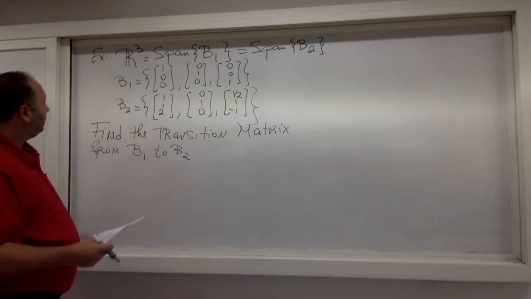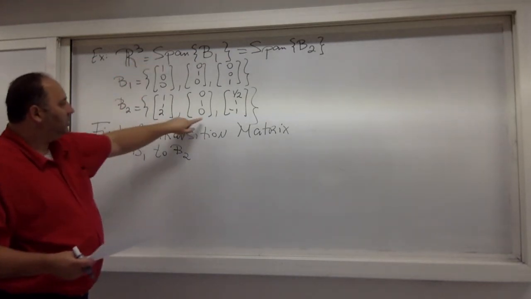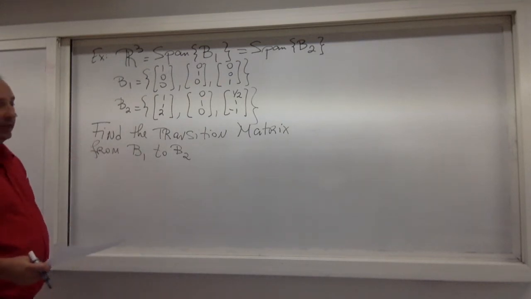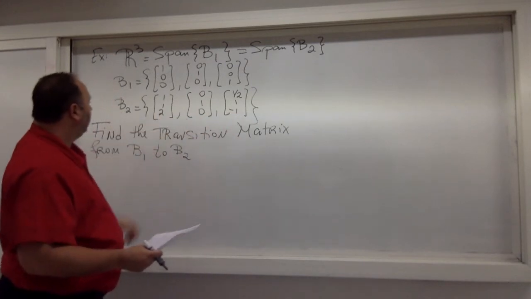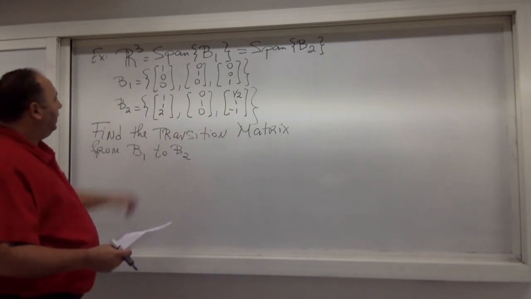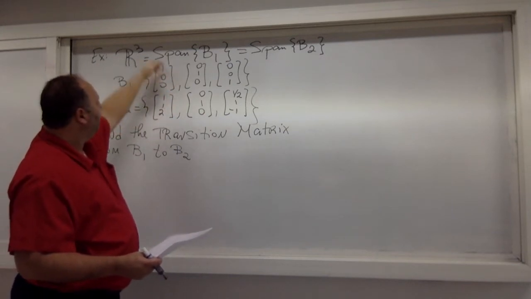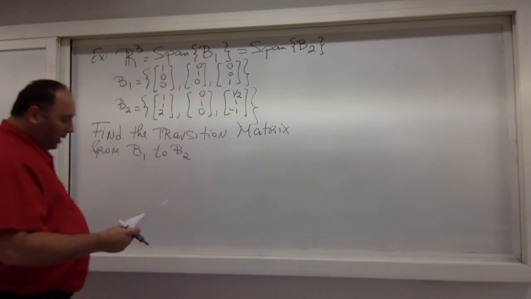I need to express every single vector in basis B1 as a linear combination of basis vectors in B2. How do I do that? Solve Gauss-Jordan, with A being the vectors from B2, and the second right-hand side member will be this one at the first, then second, then third, and then we solve.